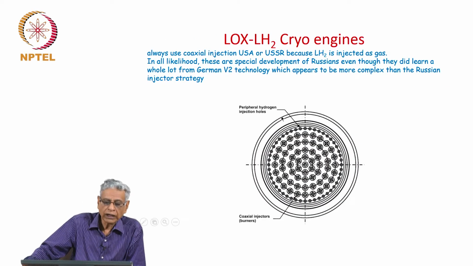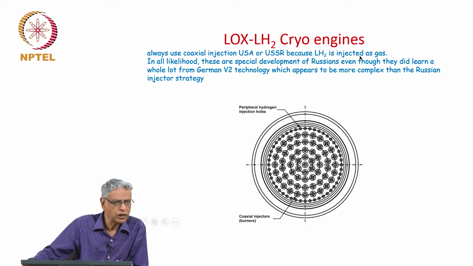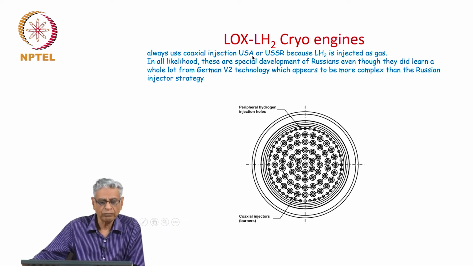If you look at LOX-LH2 cryo engines, they have always used coaxial injection, whether it is USSR or Russia. Why? Because the liquid hydrogen is injected as a gas. It goes through a regenerative cooling system, it comes out as a gas.